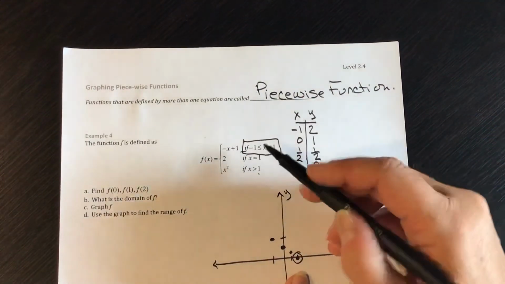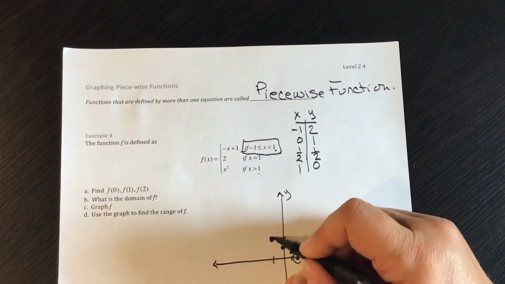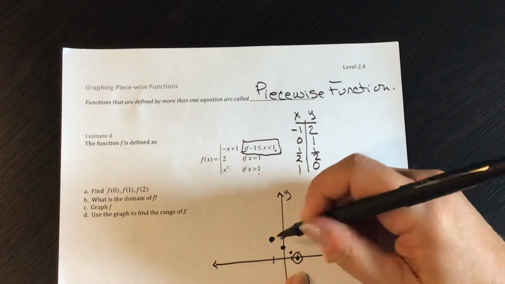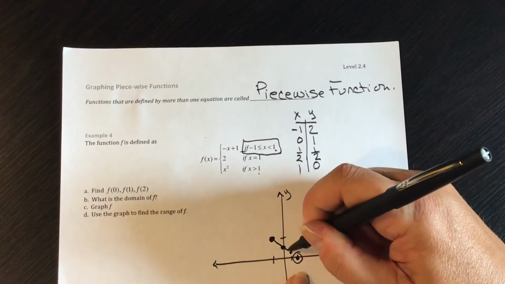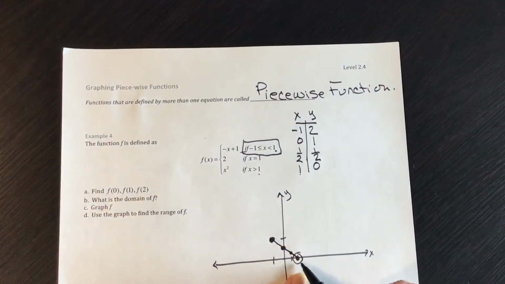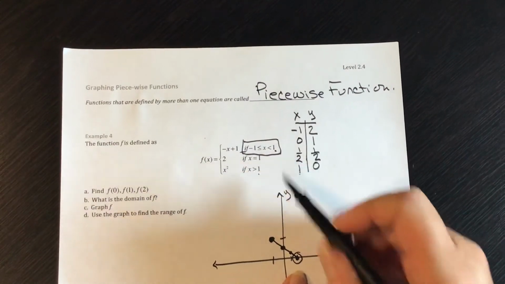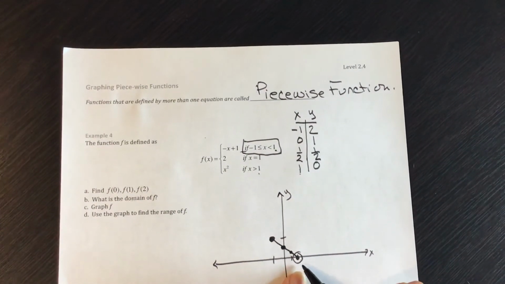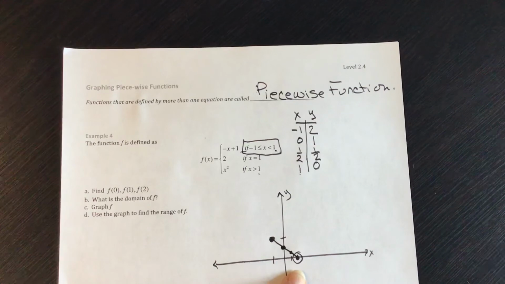So I start at -1, closed dot because it's equal, and I'm going to connect my points until I get to the end of that interval, but it's not equal to, so I keep an open dot.